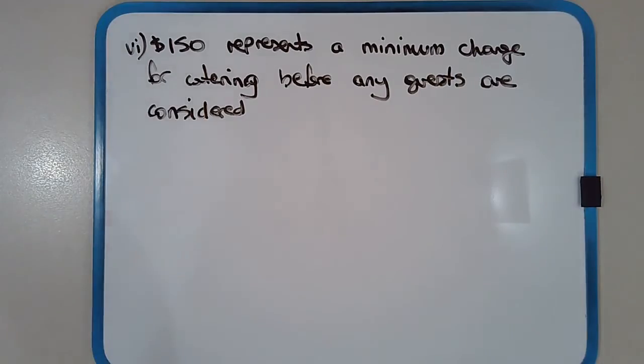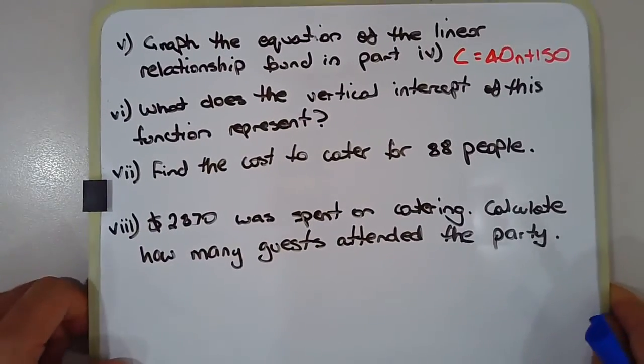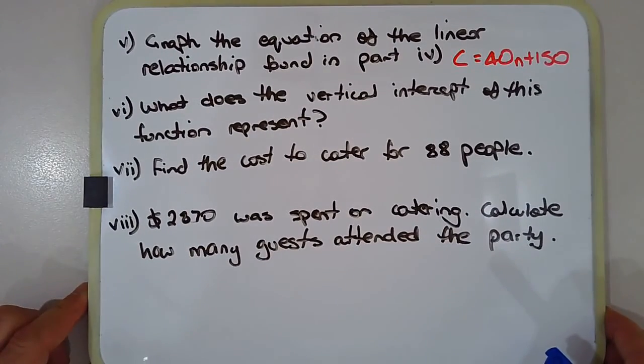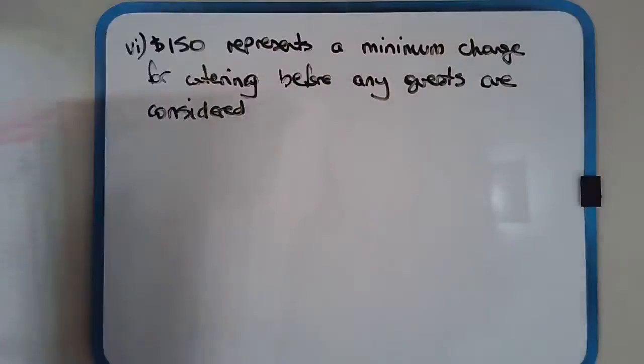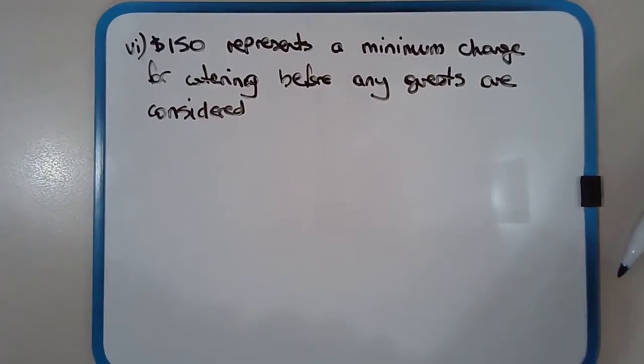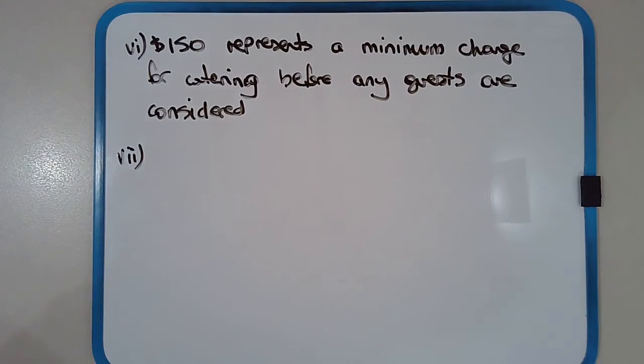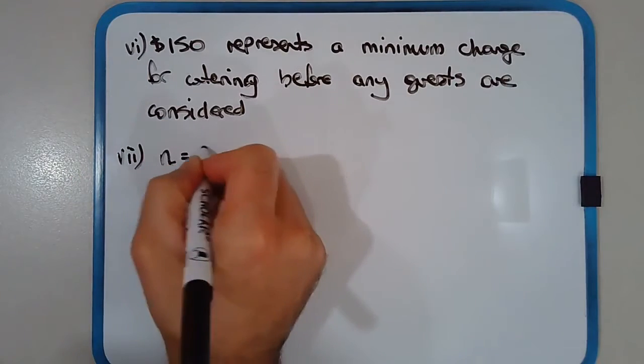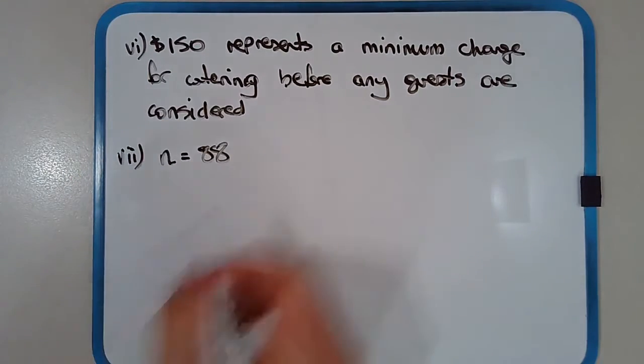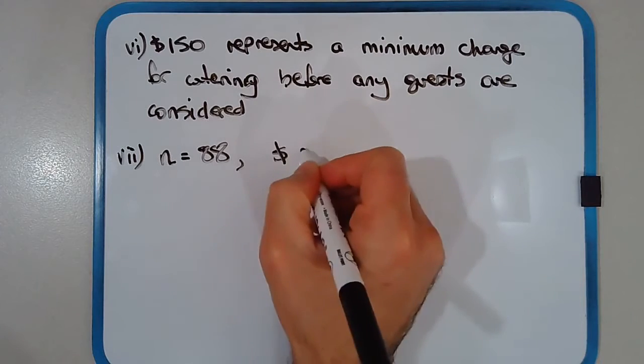All right, let's go to the next part, which is: find the cost now to cater for 88 people. So for 88 people, n is equal to 88. I'm just going to write down the formula again.